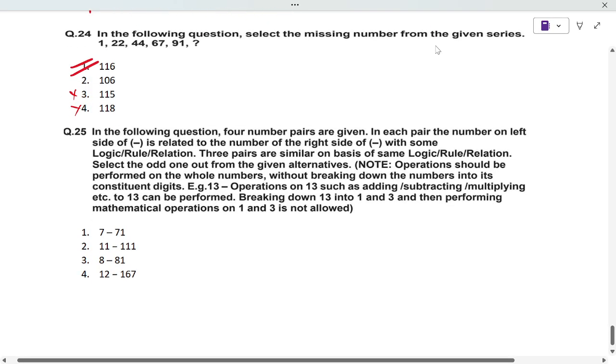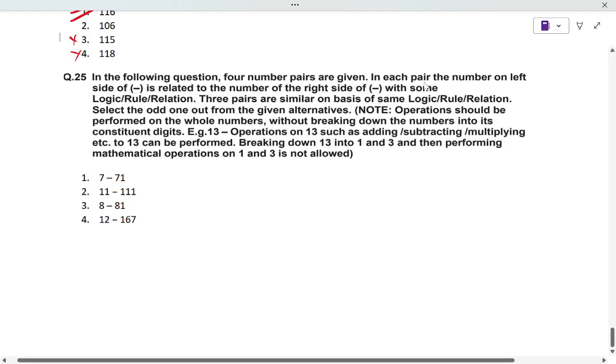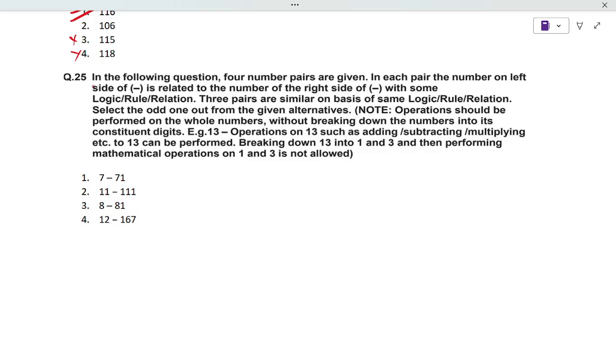So the last question for part 1, we're targeting the NPSC NSSB exam for this year, right? So now question 25, we need to find the odd one, right? Select the odd one. We have 7 and 71, 11 and so on. 7 into 10 plus 1 gives us 71.